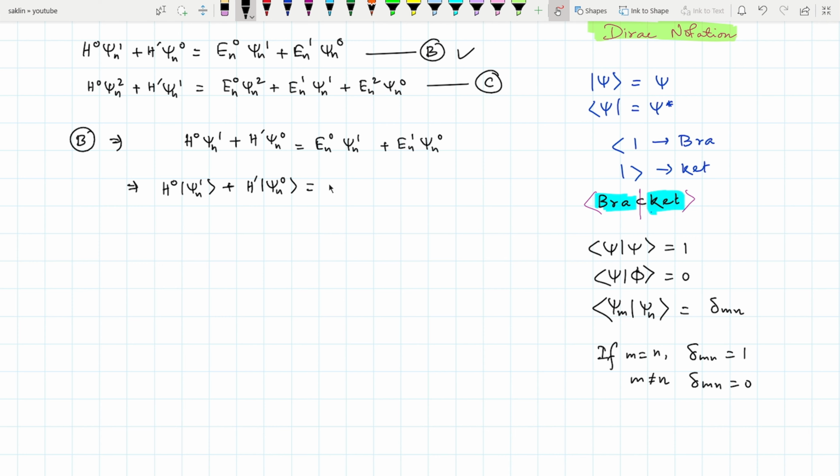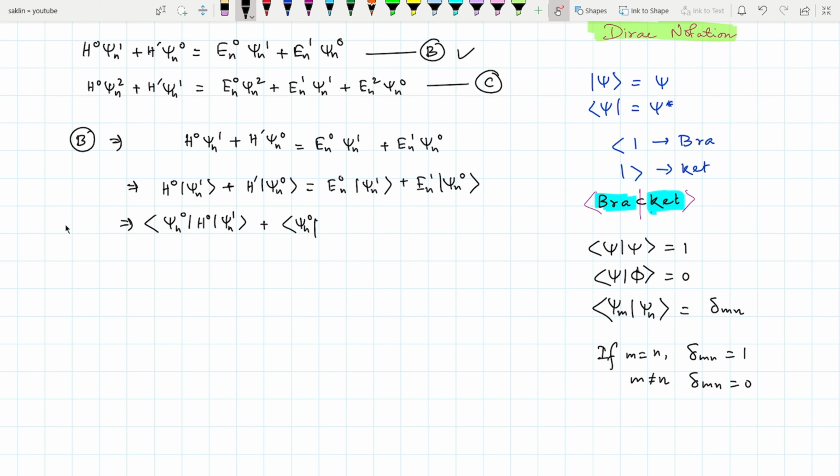Okay, it is not very difficult, not a very hard calculation. Here I will operate with psi n0 in the whole equation.